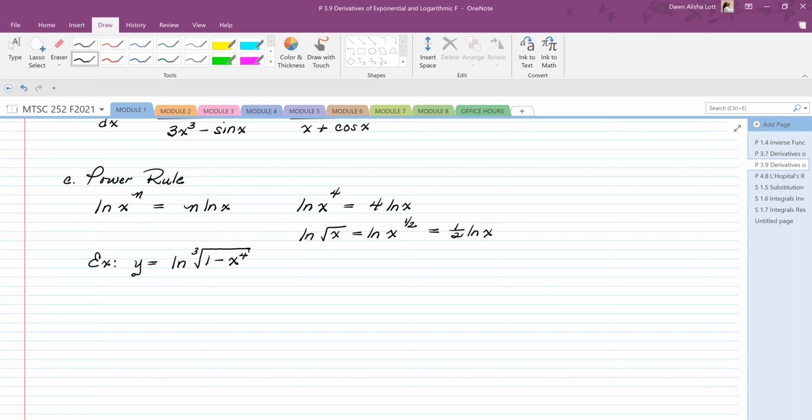We clearly see that I'm going to rewrite it as 1 minus x to the 4th to the 1/3 power. So I just rewrote it.